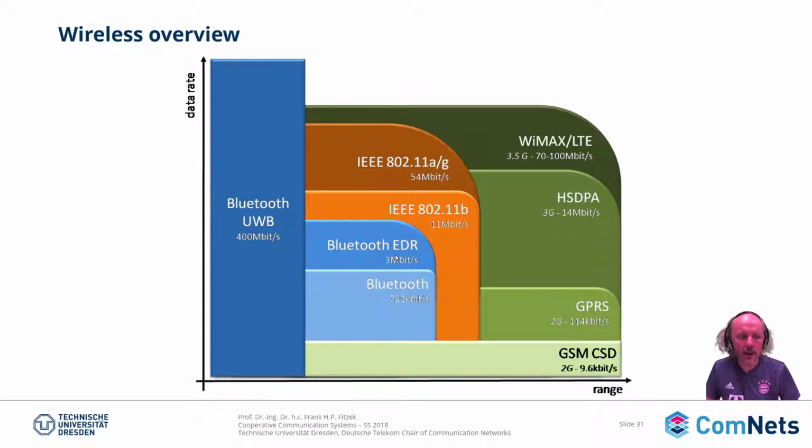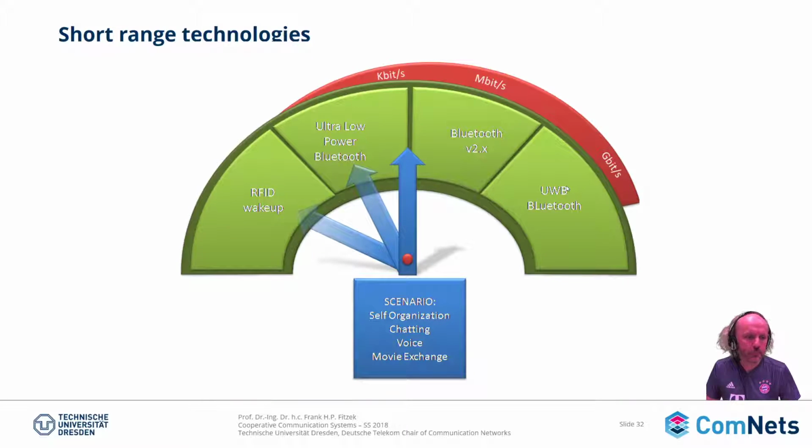And then you have others like short range, like Bluetooth advanced data rate, 802.11b, IEEE 802.11a and g, now n and ac, whatever, it goes up. But it's interesting, there's a relationship between data rate and range. And also data rate has an impact on the power consumption. We will come back to this later.